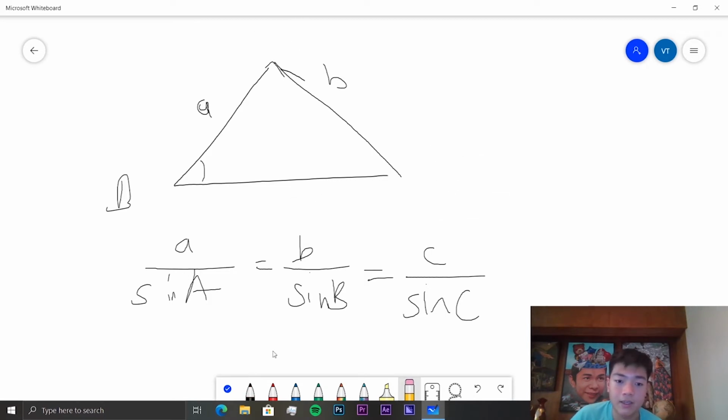We could also construct this kind of triangle, which would also fit the parameters of having this angle and these two sides. So this is the ambiguous case, and normally there might be two values of the correct answer, and that's why it might cause problems. But let's jump into some questions about this.